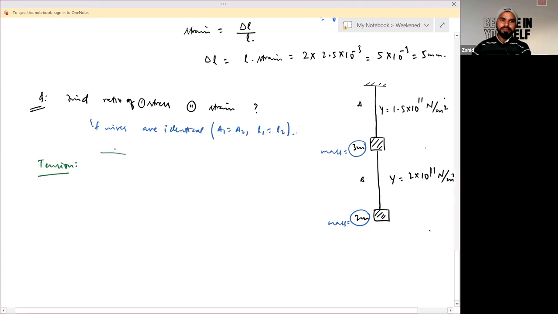Suppose there is a support from which a wire, string, or rope is hanging freely. It will be like this, or you may say it will be in slack position. Now, if you join a block at this end, this string gets straightened.